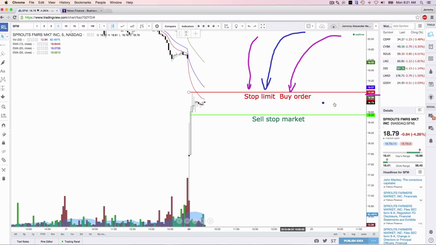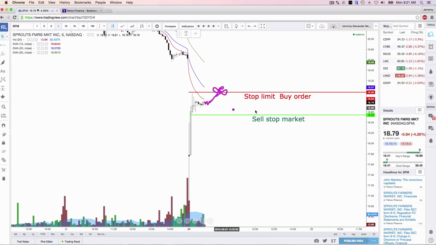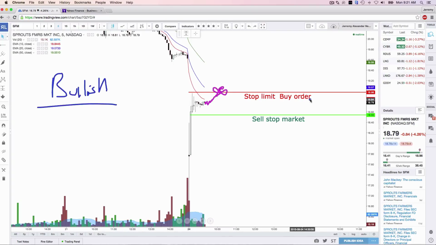Limit. So this means if Sprouts Farmers Market traded up to $18.98 and you wanted to be bullish, meaning you want to make money as the stock goes up, and you did a stop limit buy order at $18.98, as soon as the stock went to $18.98, the New York Stock Exchange, or whatever route you have it going through, would say, all right, guys, Joe Smith here wants to buy some shares of Sprouts Farmers Market at $18.98.